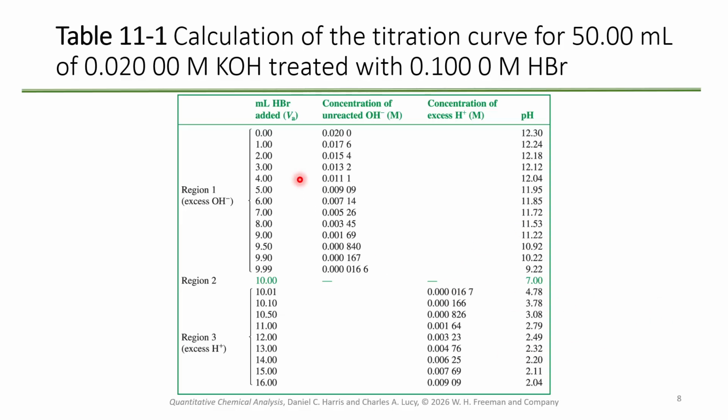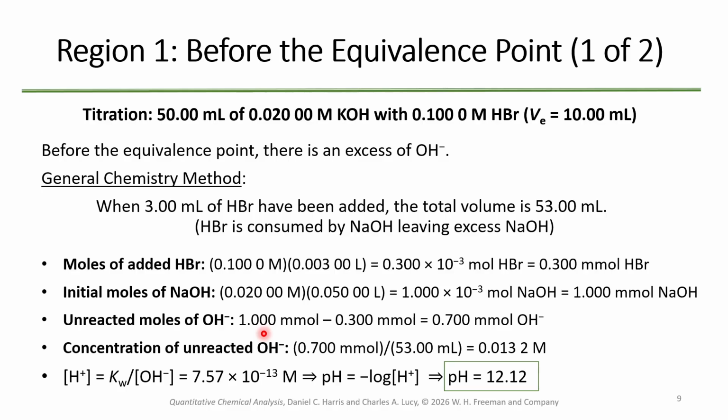This is actually the 3 regions and data for those 3 regions, and as you can see again, we'll have excess OH that gets slowly used up, and those determine our pHs here. Okay? And then we get to the equivalence point, and that's going to be pH 7 for strong acid, strong base, because they'll fully dissociate and fully react with each other. Okay? And then you have region 3, which is where you have excess H+, right?